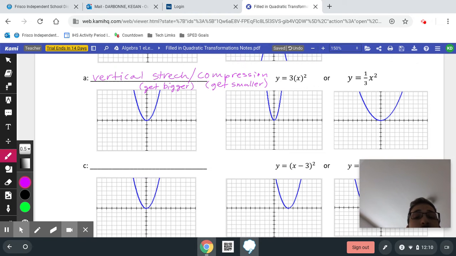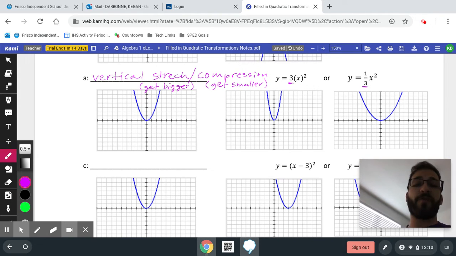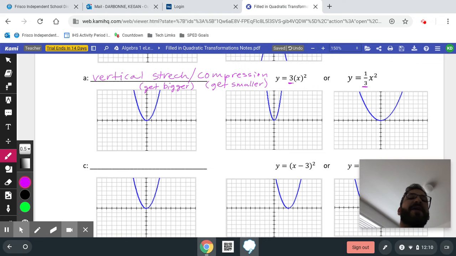Okay, so remember, we're still talking about the A value. So we're talking about a number right here in front of our x squared. Okay, and we're going to talk about 2 different ones because certain A values are going to make us stretch out and certain A values are going to make us compress in. So the first one we're going to talk about is our stretch. So if we look at this function right here, y equals 3x squared, comparing it to our parent function.